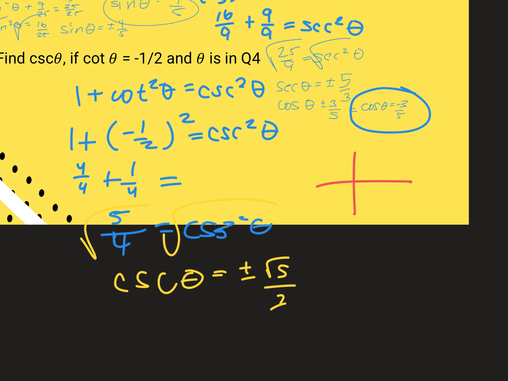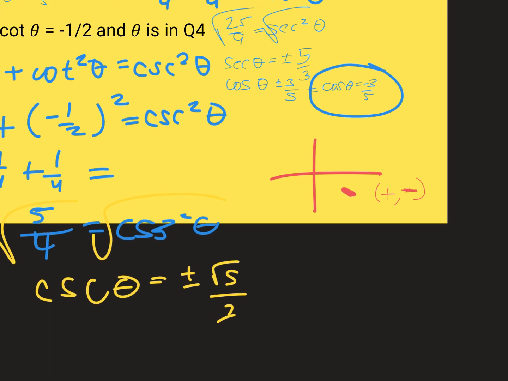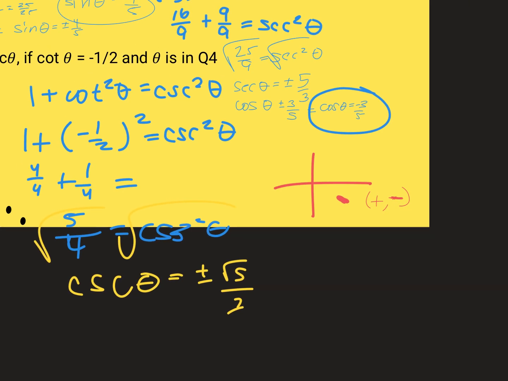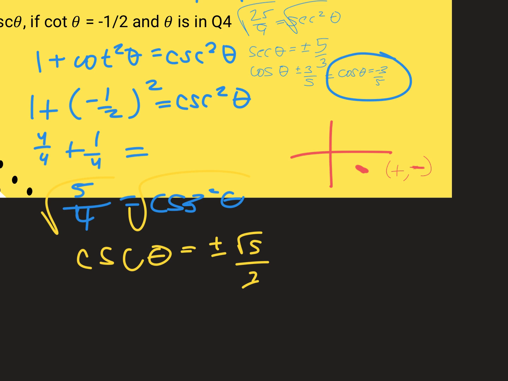Where does the angle lie? In the fourth quadrant, all right? What do we know about the fourth quadrant? Y is negative, right? You have X is positive, Y is negative. What else do you know about the fourth quadrant? What trig functions are positive? Cosine and the secant. Is this cosine or secant? No. So what is this answer?